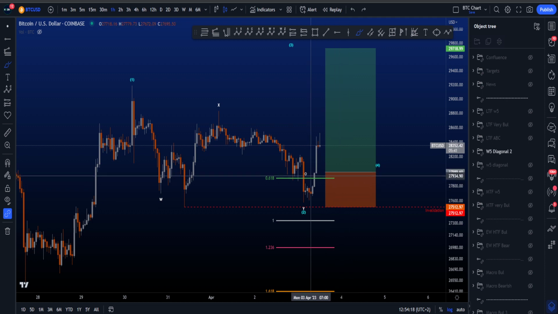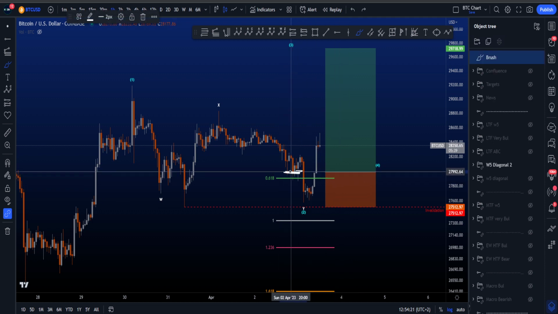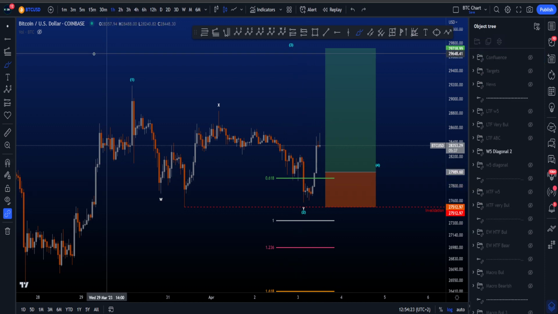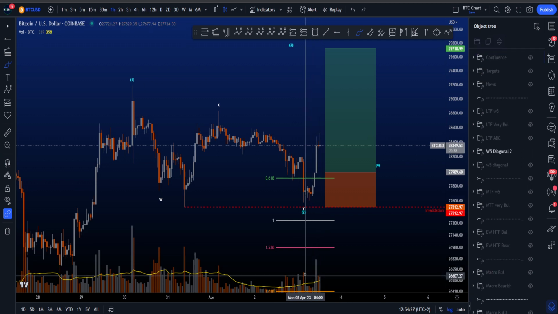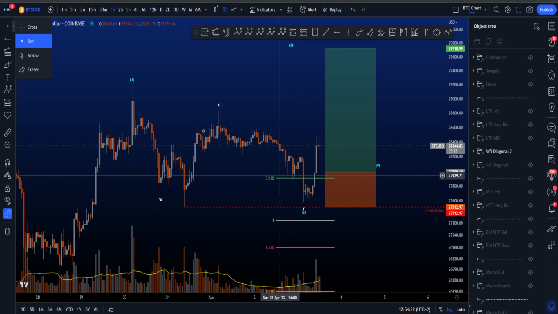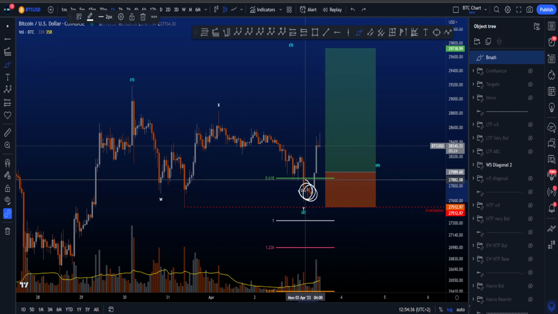In this particular scenario, if someone would have ended over here with a long, price moves to the downside with quite a bit of volume. It wasn't bad. Of course, the volume to the upside now is bigger, but volume over here was a little bit increasing. You can imagine people get scared over here in this area.